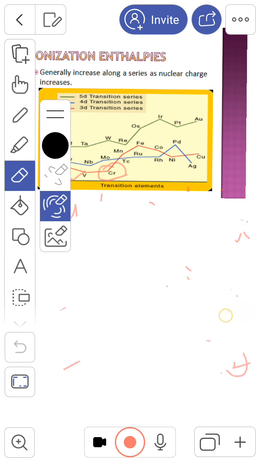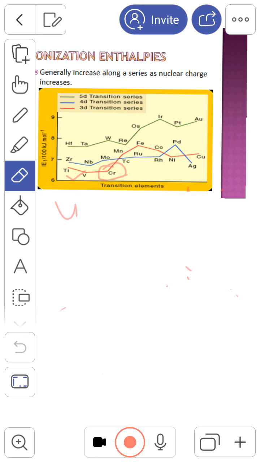Although the second and third ionization enthalpies also in general increase along a period, the magnitude of increase for the successive element is much higher.